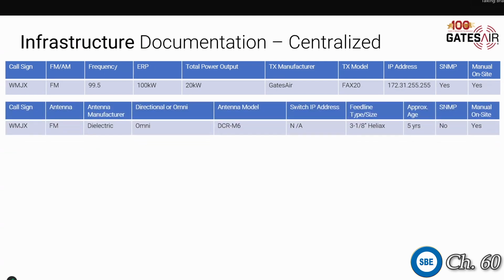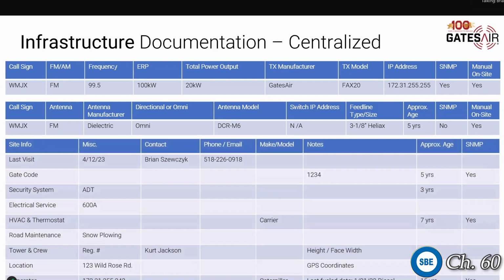And then he drills down to the antennas. What is the antenna? How old is the antenna? And then it gets into the last visits. What the gate code is, who the alarm system is, what's the electrical service, who's the HVAC, how old is it, who does the snow plowing, who's the tower crew.